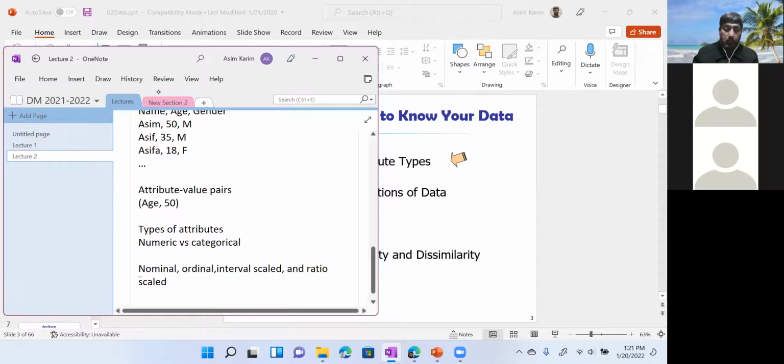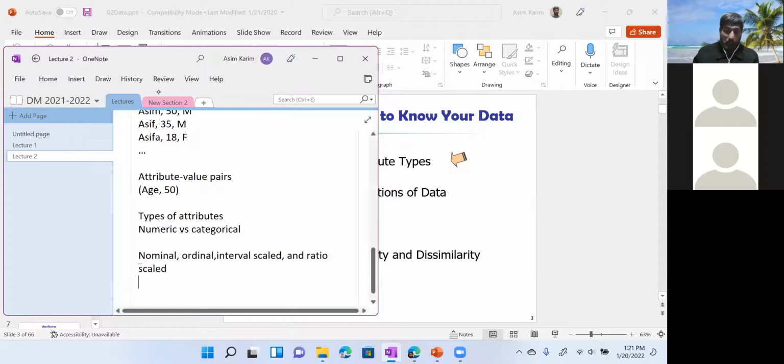So these are common further categorizations of numeric attributes. Of course, ordinal is not really numeric, so I'm kind of mixing these up. So this is another categorization. You can categorize as numeric or categorical, or you can categorize as ordinal, nominal, interval scaled and ratio scaled. So let's look at these and further categorize them.